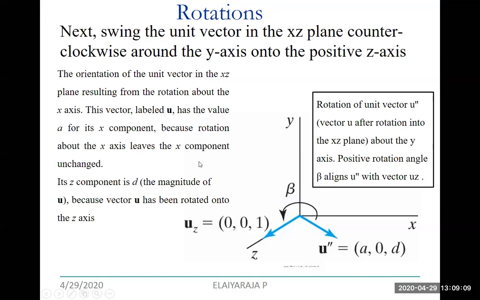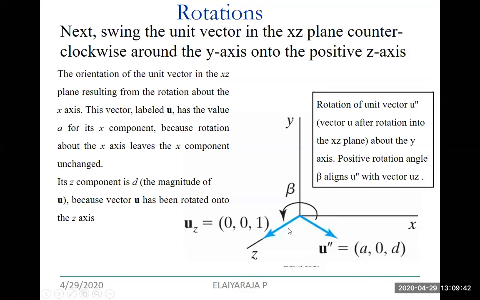Because the magnitude of the u vector, where you are writing your z component, is going to be d. Because the vector u has been rotated onto the z axis, where we are considering positive rotation angle beta, it aligns u double dash with the value a comma 0 comma d.